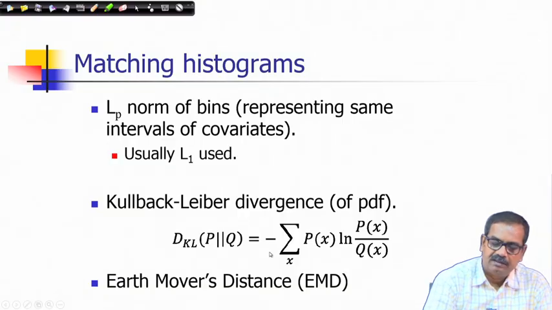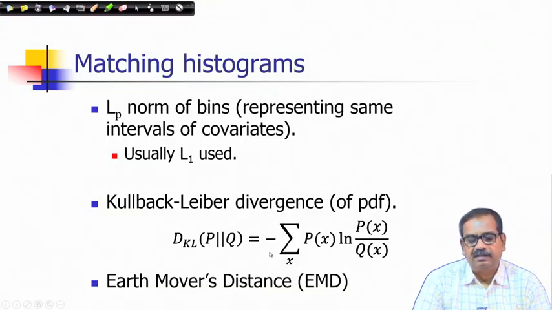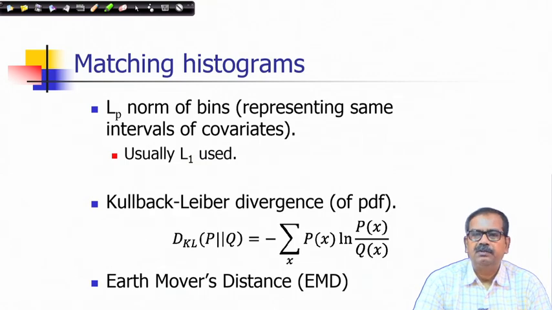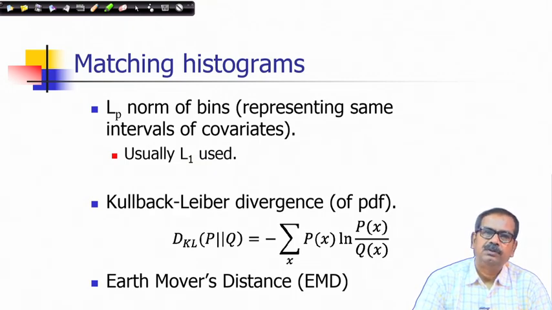The measure is defined in this way. Given two probability density functions P and Q, you can convert a histogram to a probability density function by normalizing the histogram. Then this is the expression by which you can measure this divergence.